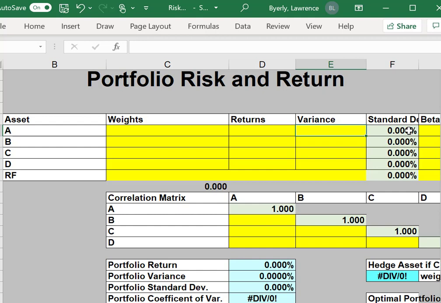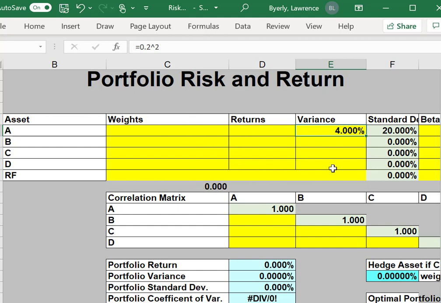Standard deviation is the square root of variance. So all we do is square the standard deviation. So if you do equals 0.20, now we need to square that. If we square that, we get a variance of 4%. The standard deviation is 20%. That's the only real trick, if you will, with this particular spreadsheet.